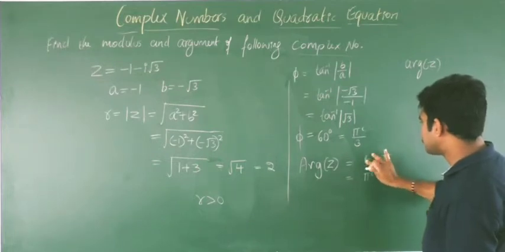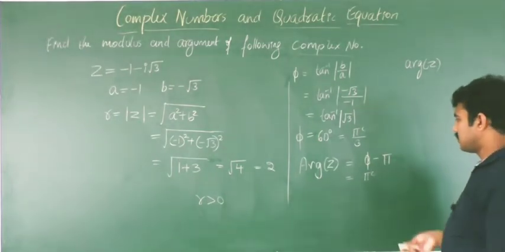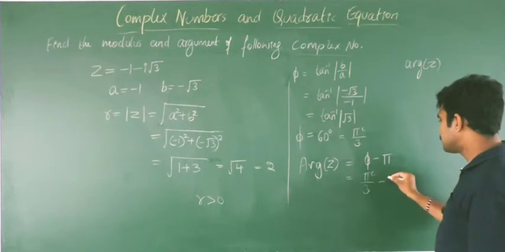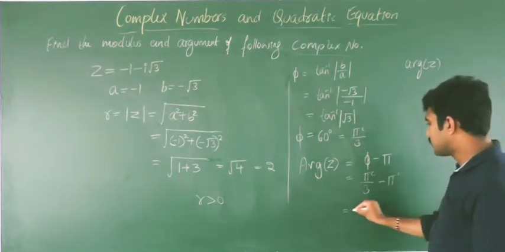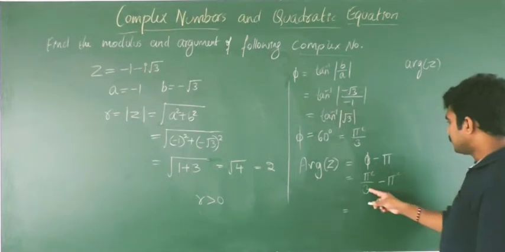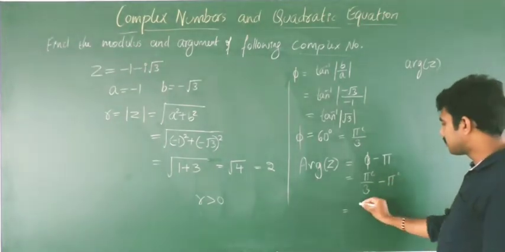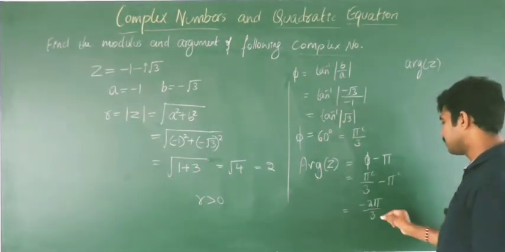Okay, theta means here the pi by 3 value. So its value is pi by 3 minus pi radian. Take the LCM here: what will we get? 3 into pi, 3 pi, so pi minus 3 pi is nothing but minus 2 pi divided by 3.